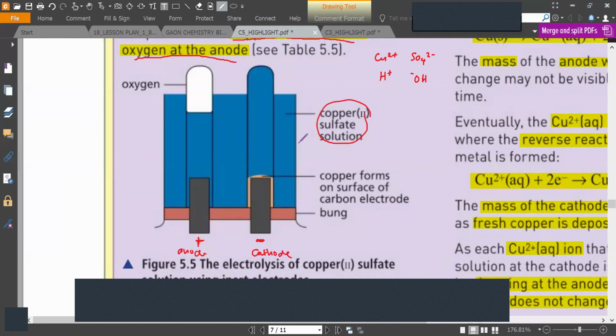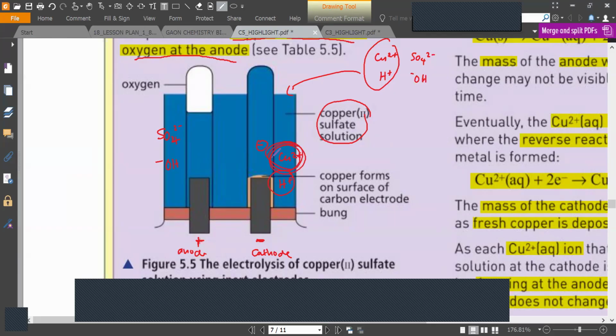Now the positive ions will come to the negative electrode. So we have copper 2 plus and then H plus. And then here we will have the negative ions, SO4 2 negative, and then hydroxide. So which one will react? We choose between these two.